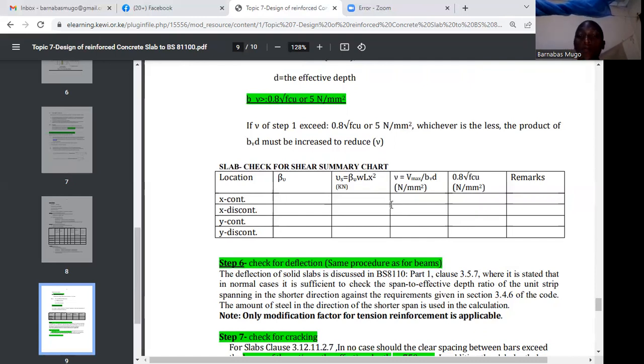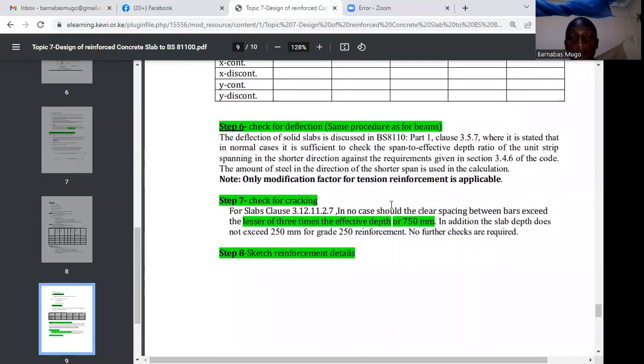Then from there, you need to go to step number 6, whereby you are checking for the deflection. The deflection, in the case of one-way or two-way spanning, is done the same way as we do for beams. Therefore, they don't have any difference. Then from there, you need to check for cracking, the same way we have done for the case of one-way slab.